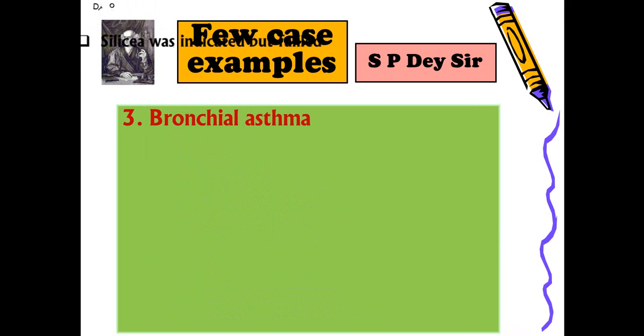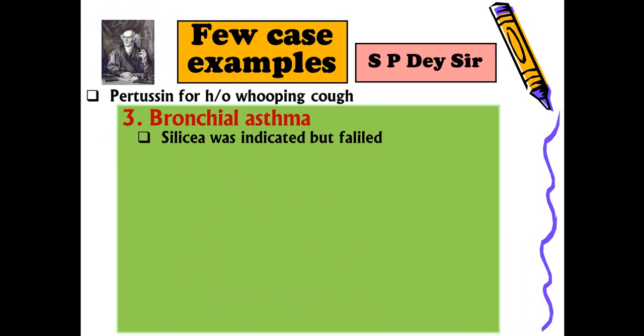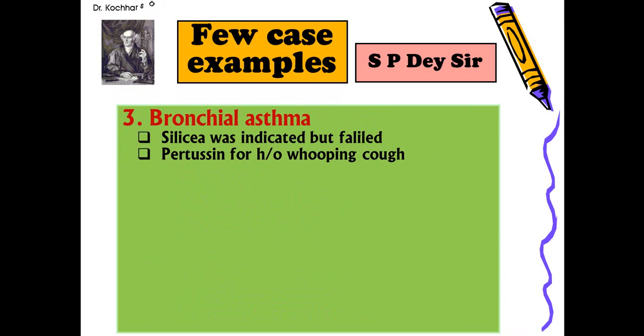Then bronchial asthma. In bronchial asthma, Silicea was indicated, but even after giving Silicea, there was no result. So here Pertussin was given because there was a history of whooping cough. On the basis of the history of whooping cough and bronchial asthma beginning after whooping cough, Silicea then gave a wonderful result, resulting in cure.